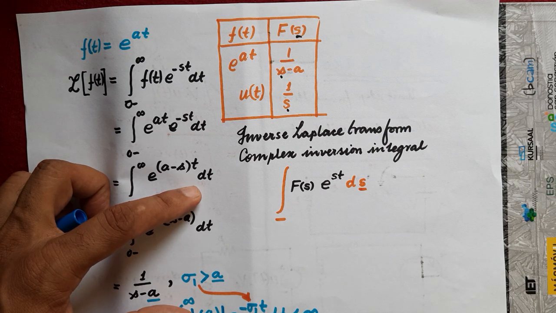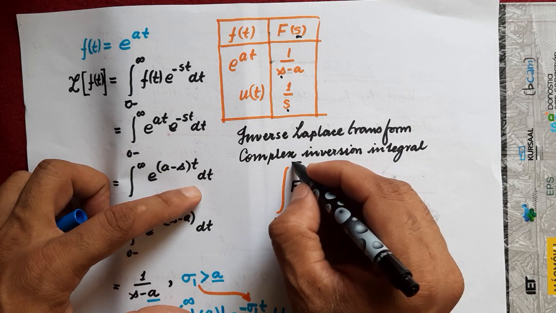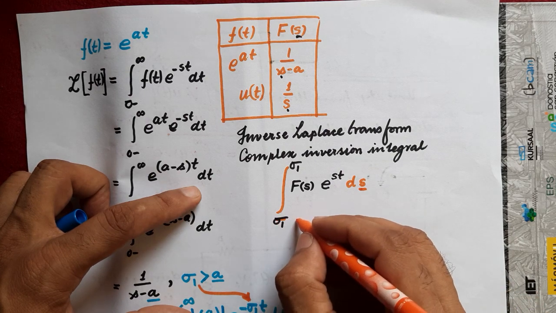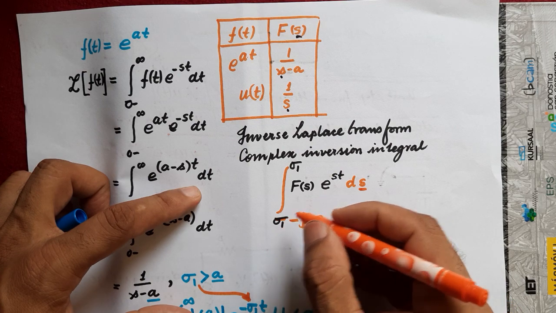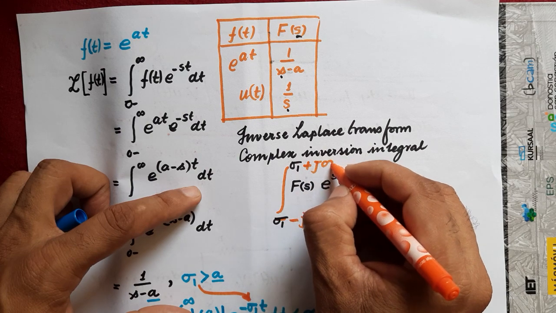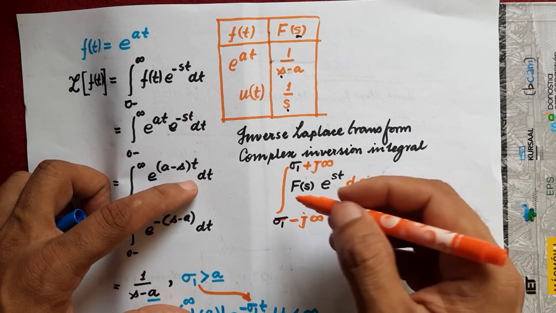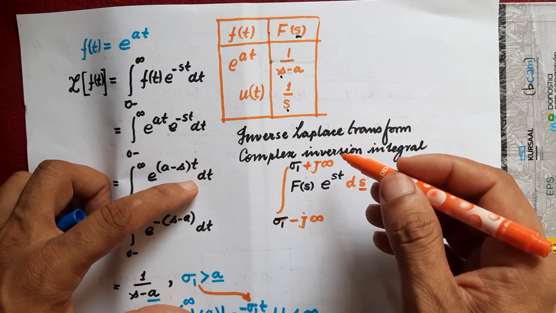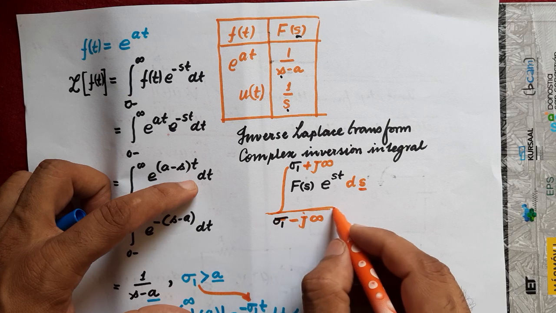Now if we see the limits of integration, the real part is fixed, and the variation is in the imaginary part. So it goes from sigma 1 minus j infinity to sigma 1 plus j infinity, with the real part unchanged.